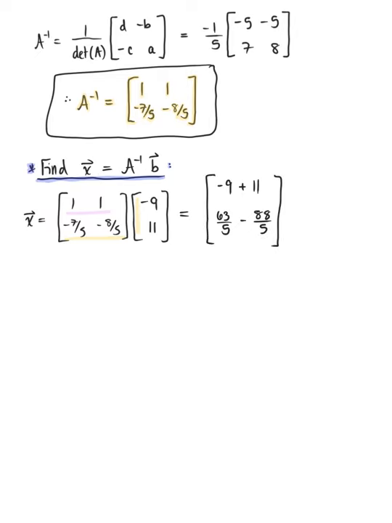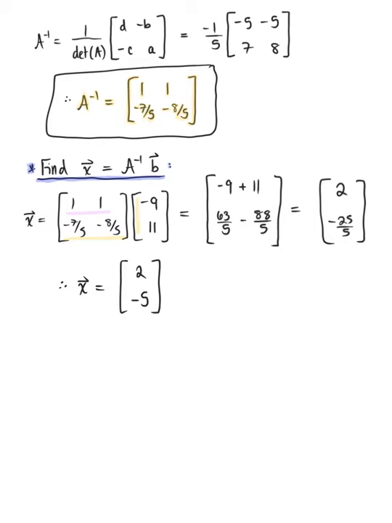Well, at least we have a common denominator. So 9 plus 11 leaves us with 2. And then 63 minus 88 leaves us with minus 25 fifths. Lucky us. And so vector x is equal to the vector 2, negative 5.